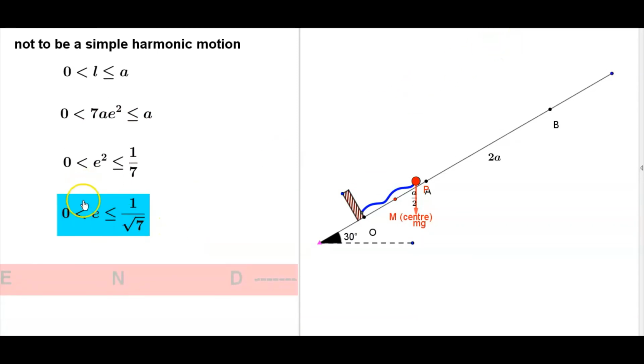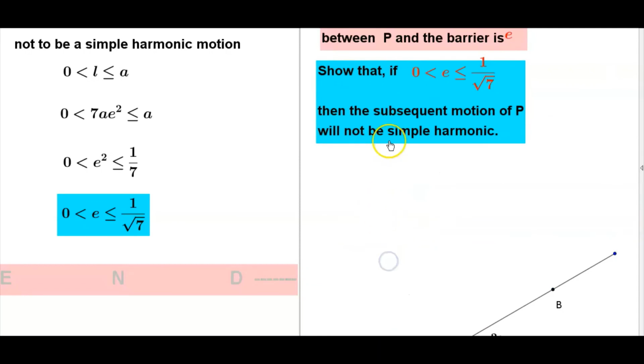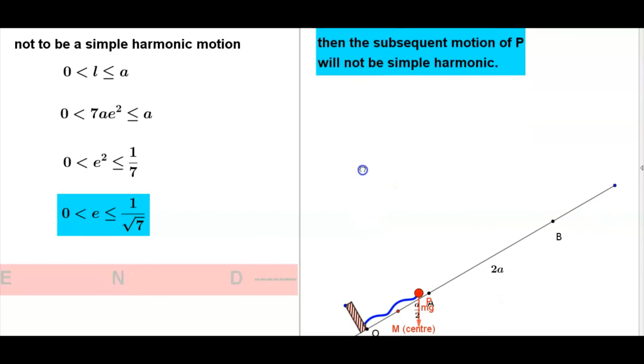Simplifying further, E is between 0 and 1 over square root of 7. Therefore, in this condition simple harmonic motion is not possible. That is the question: if E is greater than 0 and less than or equal to 1 over square root of 7, then the subsequent motion of P will not be simple harmonic motion. That is true.